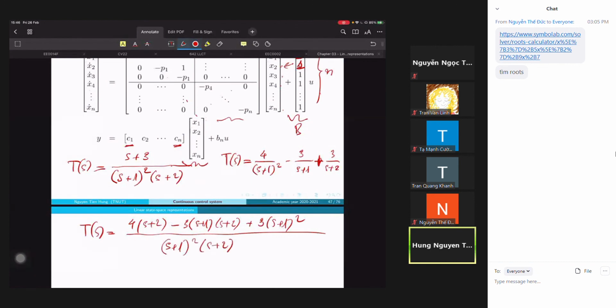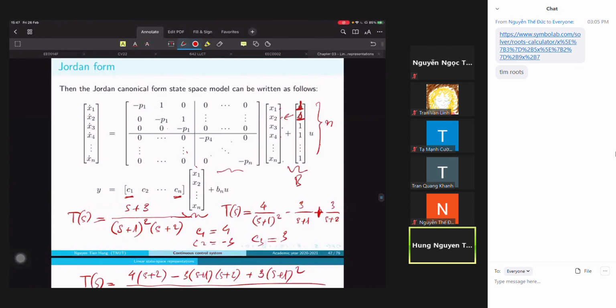If this is correct, then we will have the correct answer. But as I said, I'm not sure yet. In this case C1 equals C2 equals minus 3, and C3 is 3. Then we can replace it here and get the answer.